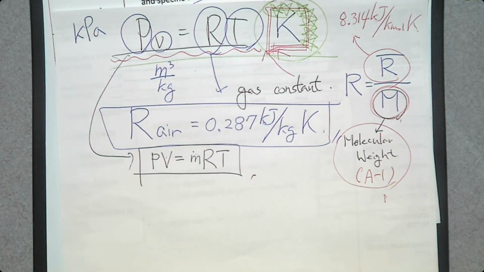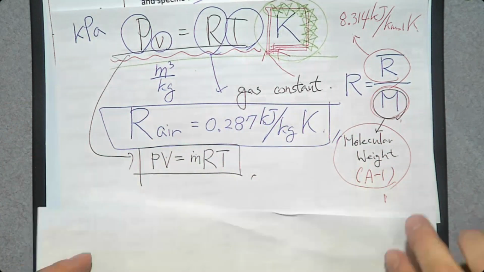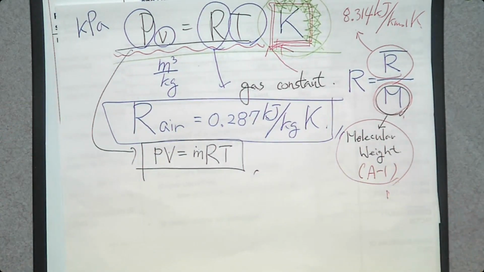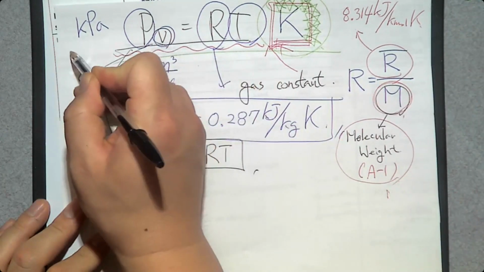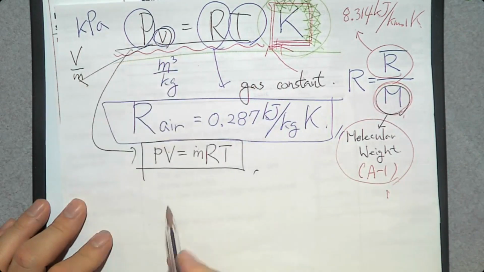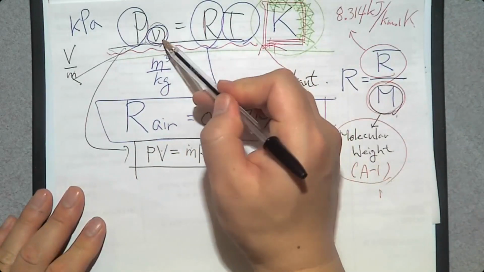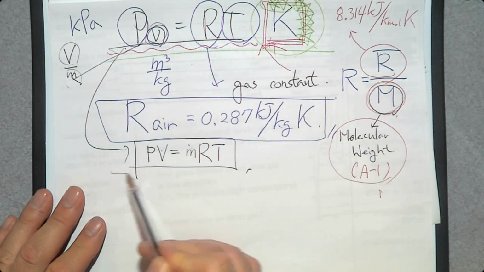Okay, that one was not that difficult. Yeah, because this lowercase v is V over m. So these equations are the same, right? If you replace this lowercase v with V over m, you get this equation.